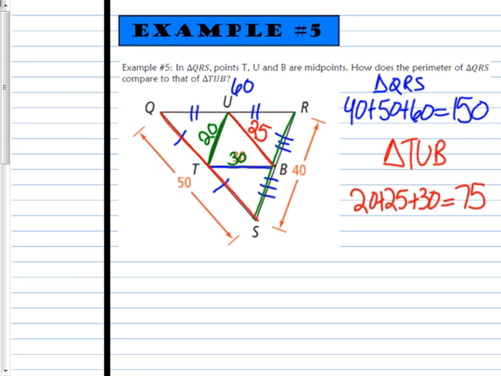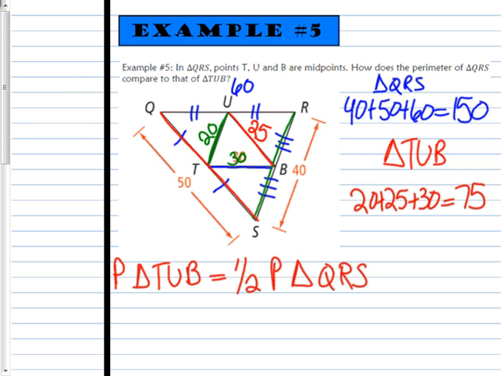How does the perimeter of QRS compare to that of triangle TUB? Say the perimeter, I'm going to do P, the perimeter of triangle TUB is half the size of the perimeter of triangle QRS.